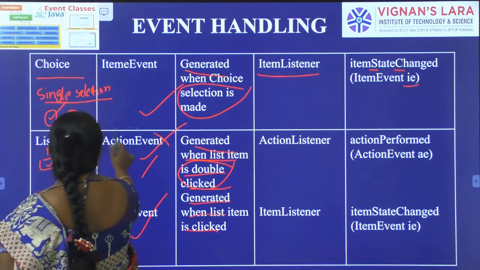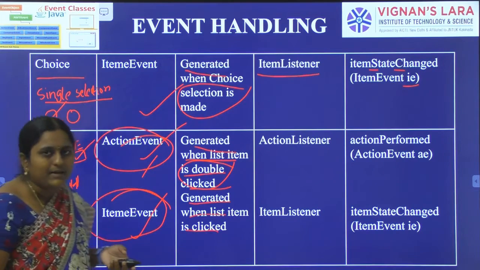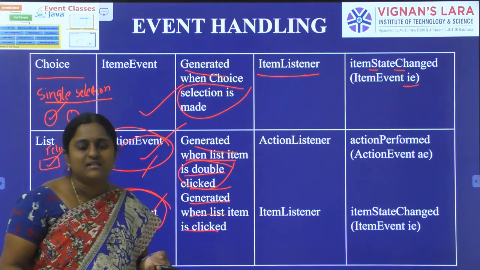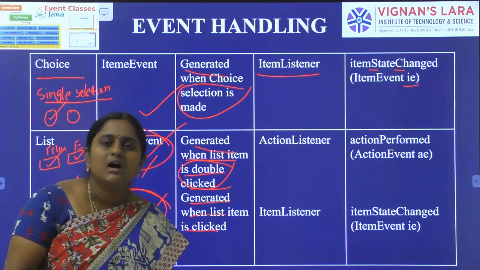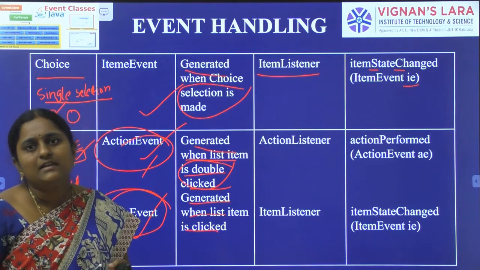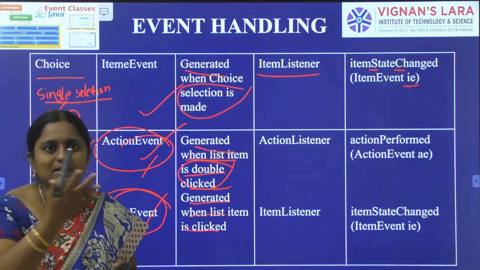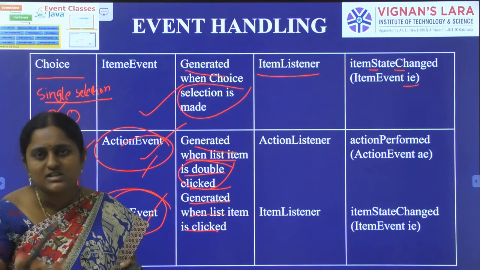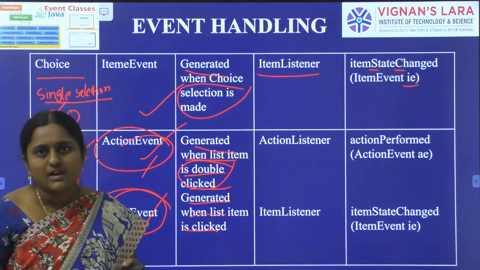When an event is generated, what will happen? Suppose an action event is generated. It will be sent to the corresponding listener interface, which will handle the events. For handling these events, first of all, listeners should register with one or more sources.